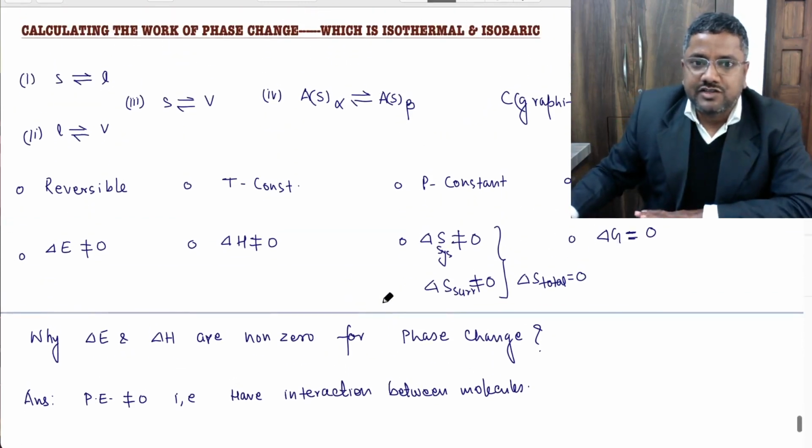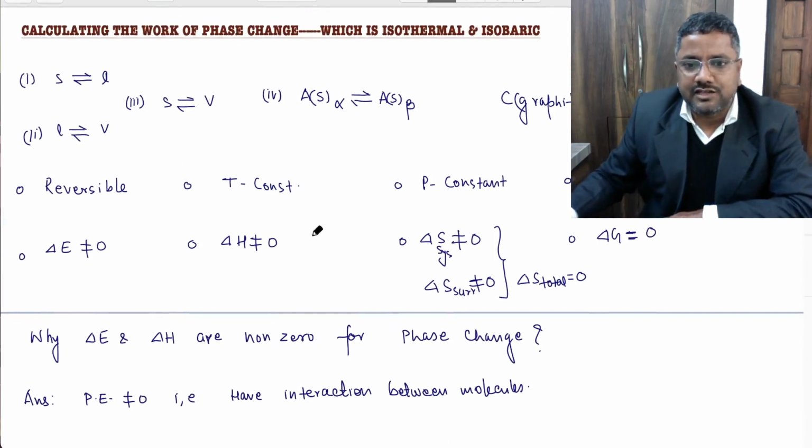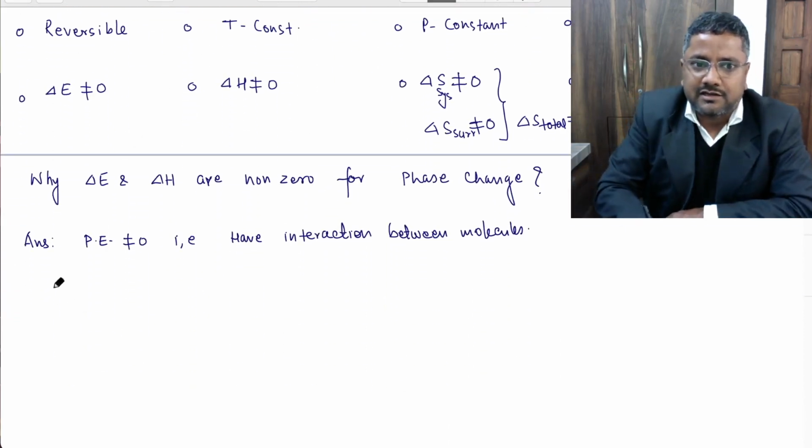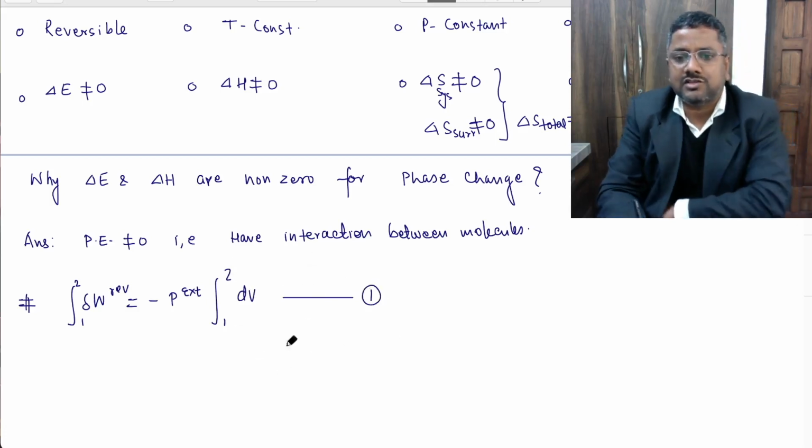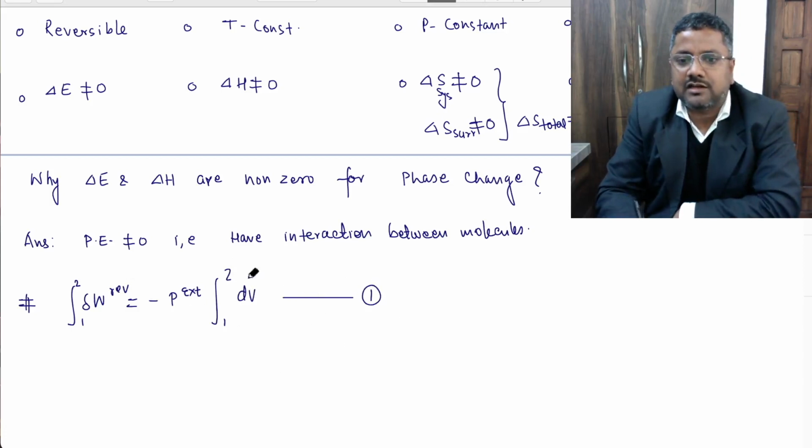So this is phase change. For any kind of phase change, you can calculate the work. Again, I am telling you the same formula: the work, delta W reversible, because all phase changes are reversible in nature, is equal to minus P external dV. This is the master formula, and by using it you can calculate the work involved in this process.